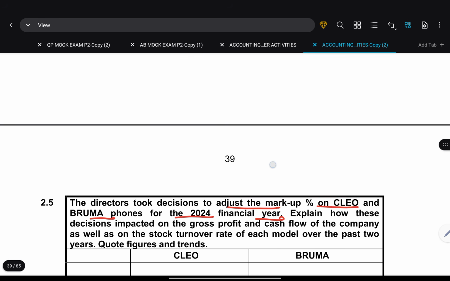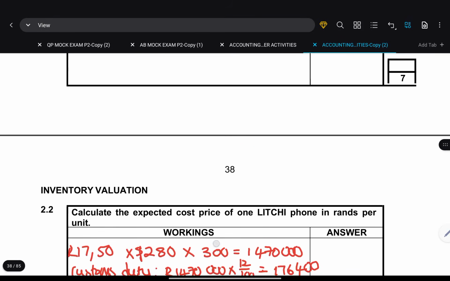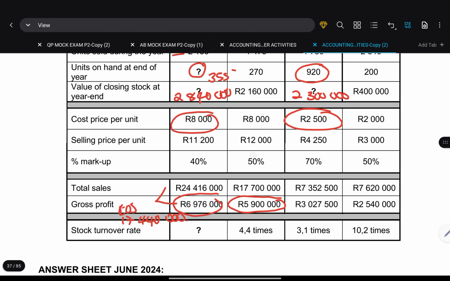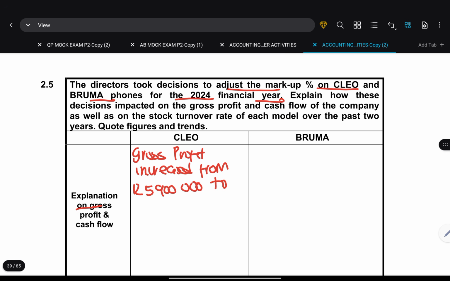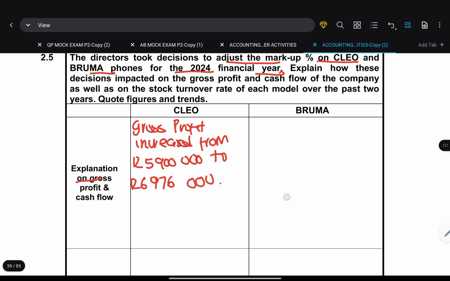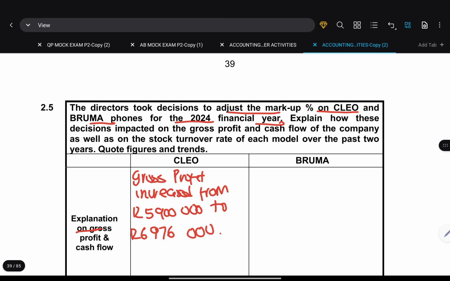So we will say gross profit increased from 5,900,000 to 6,976,000. And then also we will need to check the stock turnover rate, right?